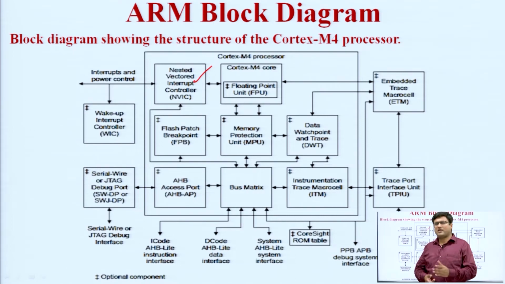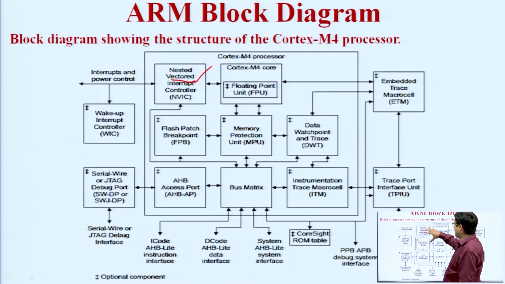If you are doing normal execution and some external signal comes in, it will disturb the normal sequence. The microcontroller will stop the normal execution, save the content into the program counter, and start executing the interrupt which has come in between the main execution. Vector means that every interrupt coming into the ARM processor has a vector address.